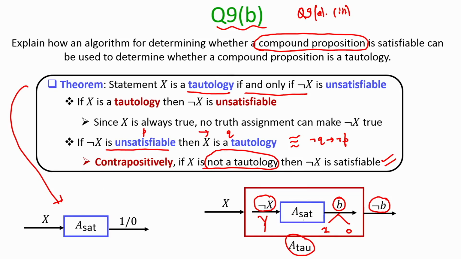The running time will be almost the same as your algorithm ASAT plus the running time that you need to convert your expression x into expression y. That means, if ASAT takes say 1 hour and converting expression x to expression y takes say 10 minutes, then the running time of A tau will be 1 hour 10 minutes. It will be almost proportional to the running time of ASAT.